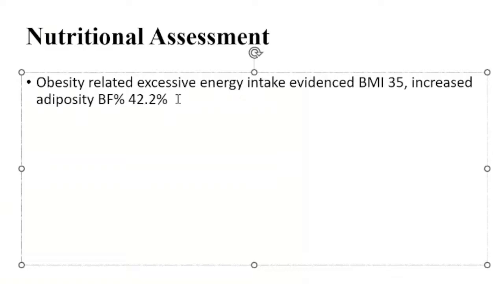And then our other colleague indicated that the fact that she eats outside the house most of the time, and the amount that she's eating is huge, large portions of food.